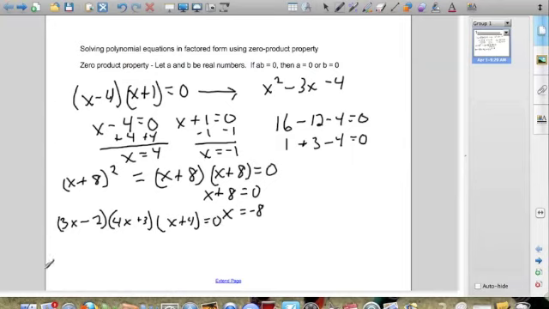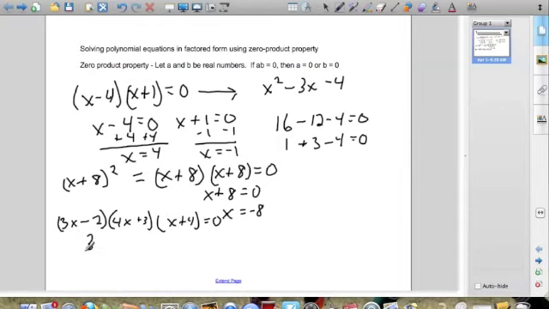In a case like this, a binomial times a binomial would get you a trinomial, and this would be a trinomial times a binomial, which will get you a polynomial. More than likely you'd have an x to the third or maybe x to the fourth term in this polynomial.